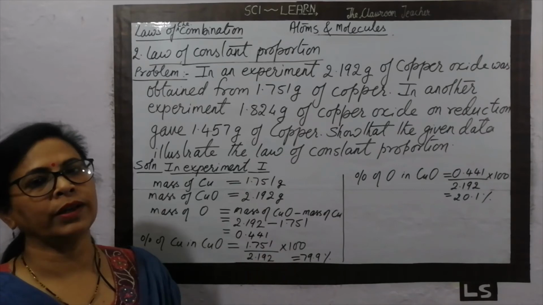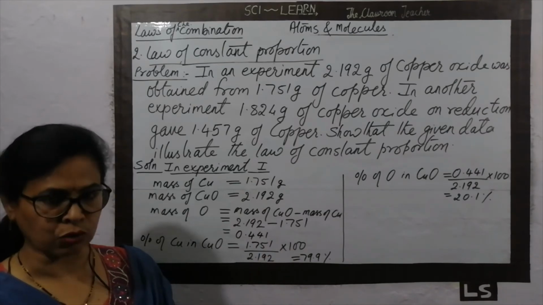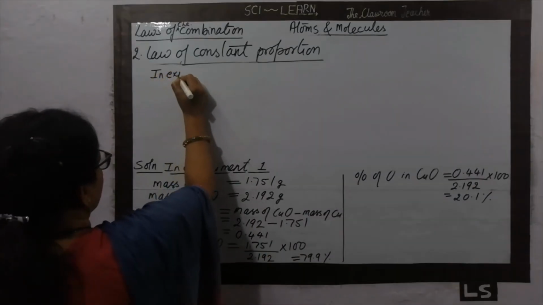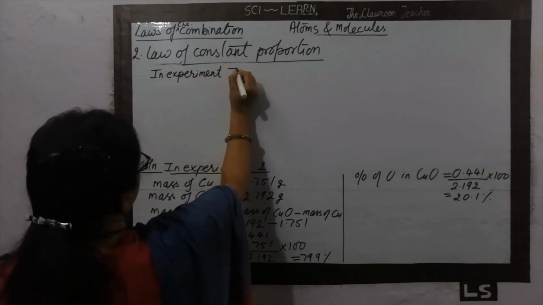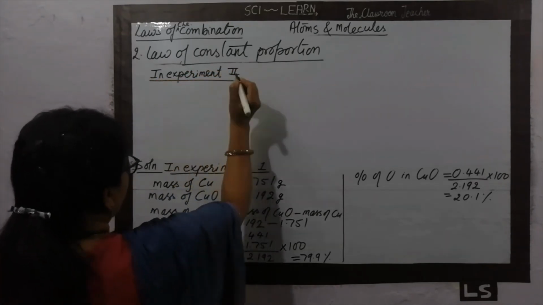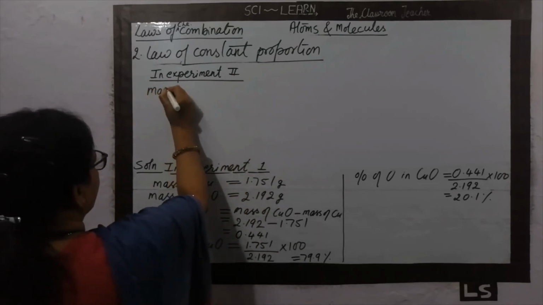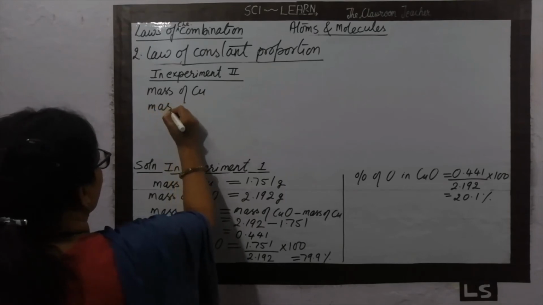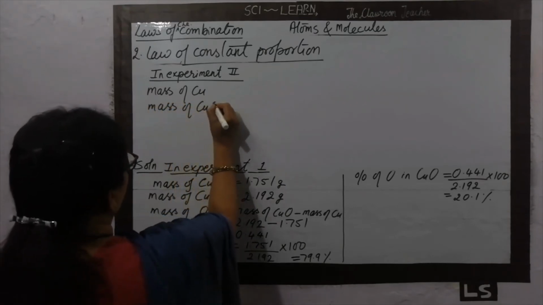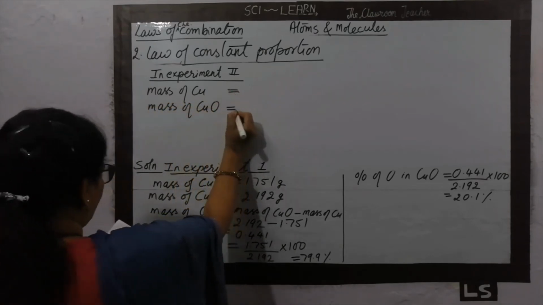Now we have to calculate the proportion in the second condition also. So same question in experiment 2. Again, the mass of copper and mass of copper oxide are given there. Okay, now what is given here?